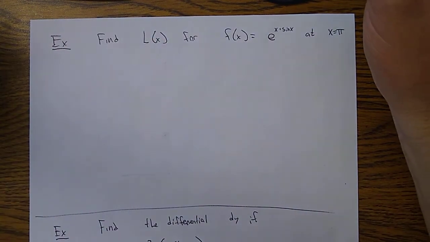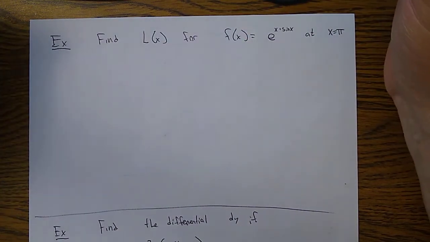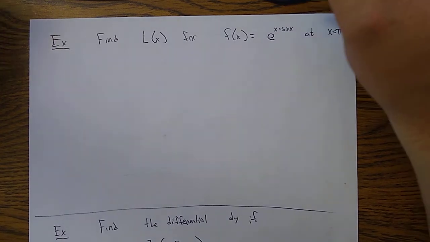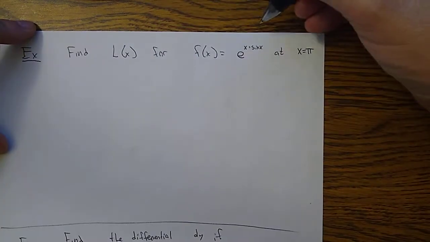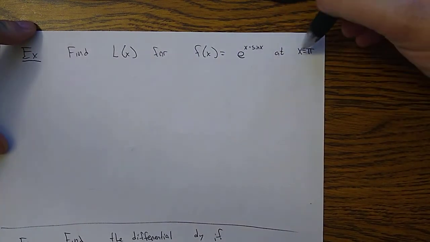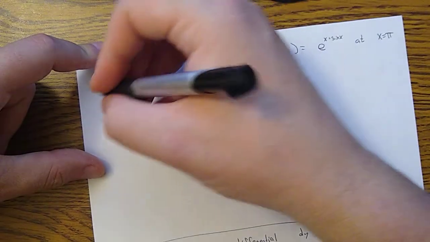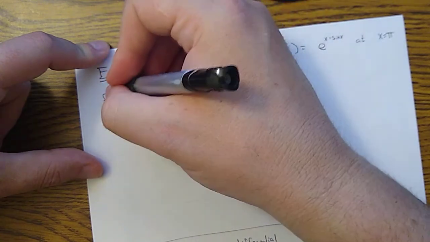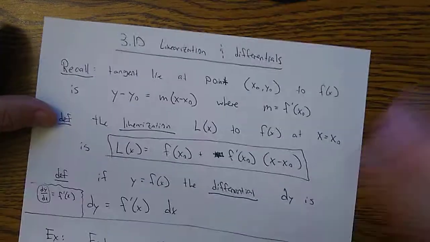Okay, so let me just do a couple more examples, and really these are just excuses for me to have some fun taking some derivatives and practicing things like the chain rule and the product rule. So we're going to find the linearization of a particular function at a particular point. We have a formula for it. First of all, what do we need for this formula?